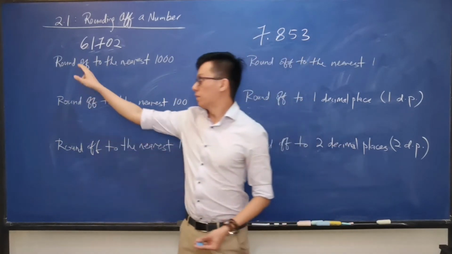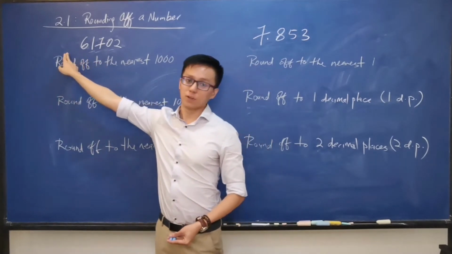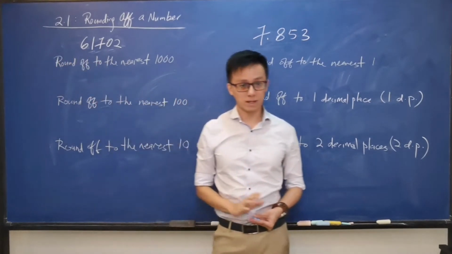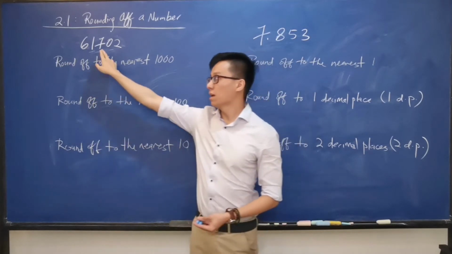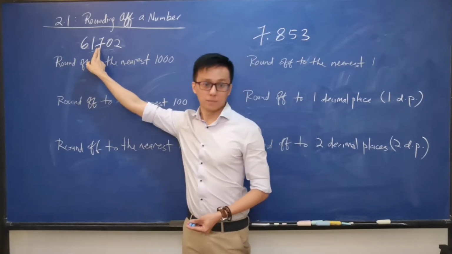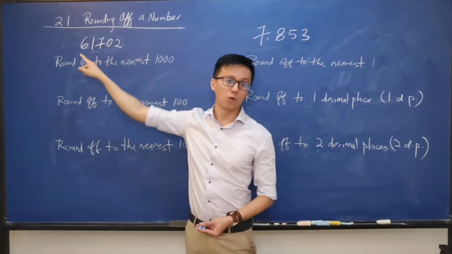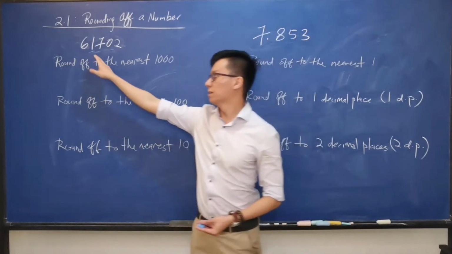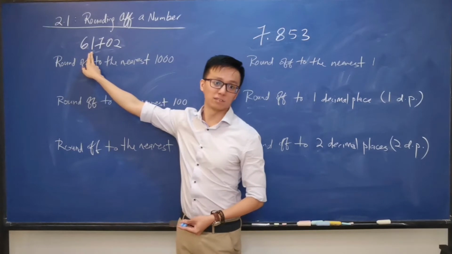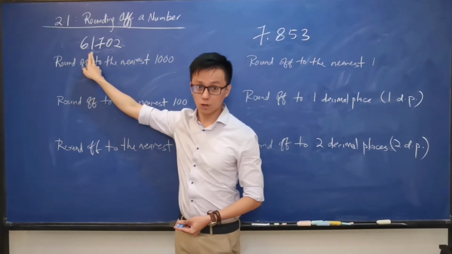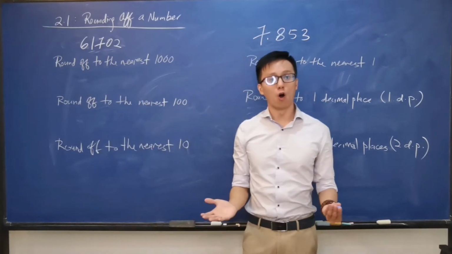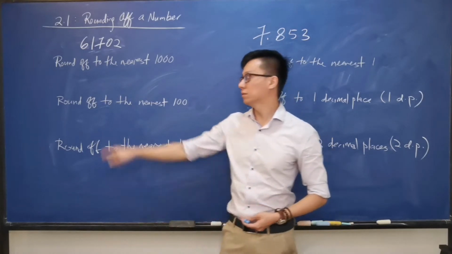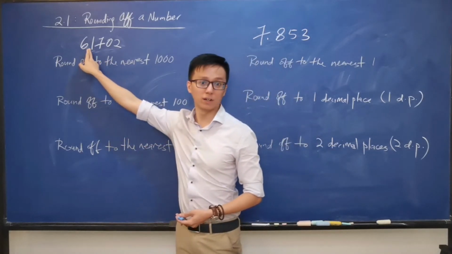The digits to the left of 1 will remain the same. The digits to the right of 1 will all turn to 0. And the digit at the thousand place, 1, will either remain or we will add 1 to this number.